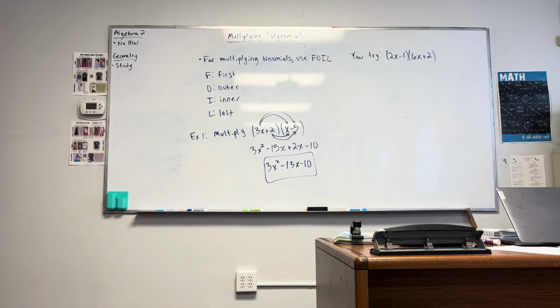You use the 2 times the 2 to get 4, plus 4x. The square, 2x times 6x is all x to the 2, and 2x times 2 is 4x.